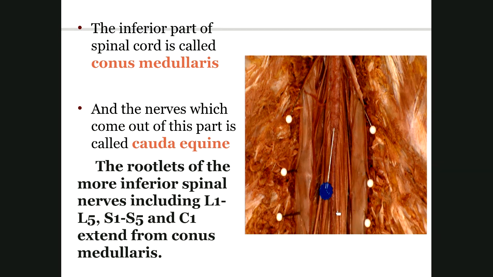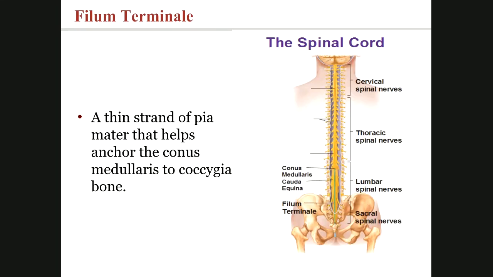This cauda equina is composed of the spinal nerves of your lumbar part of a spinal cord, L1 to L5, sacral part of your spinal cord, S1 to S5, and the caudal part or the coccygeal part number 1. All of them are located here, and one by one they can come out of your vertebral column and go to different parts of the body which want to do innervation.